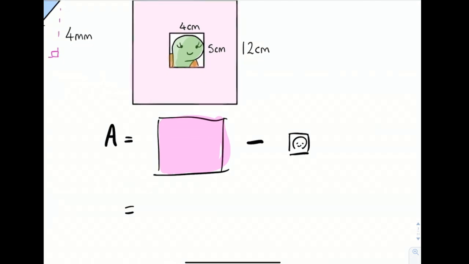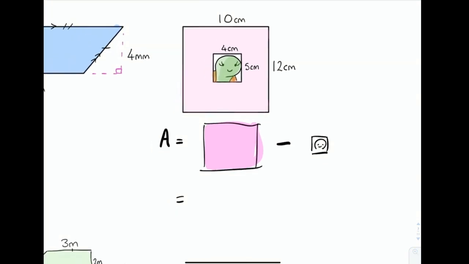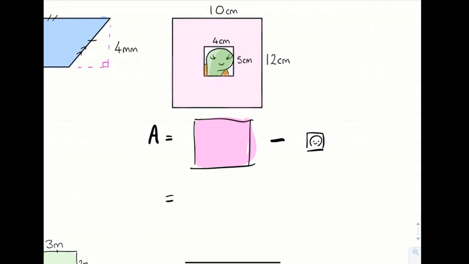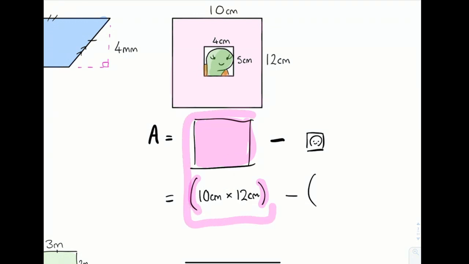So if I just use that to guide me on how to solve this one, I can take those 2 dimensions for the giant pink square, which is length times width, which is going to be 10 centimeters times 12 centimeters, subtract the window that Mathilda, the turtle, is looking through. Notice how I'm using brackets to group things together.